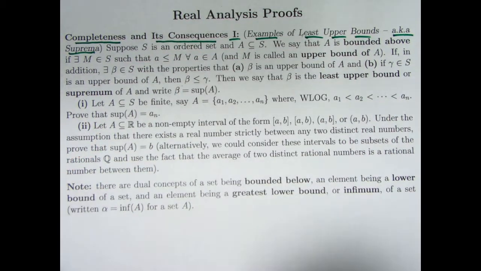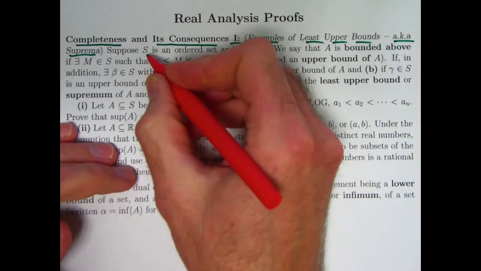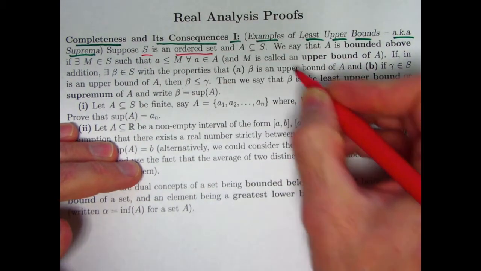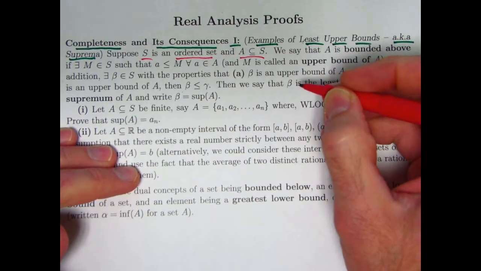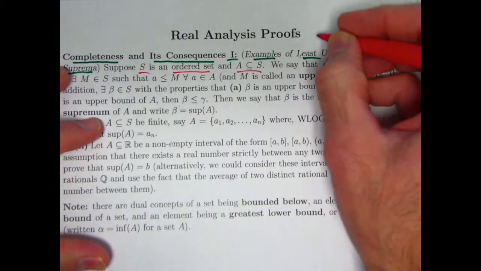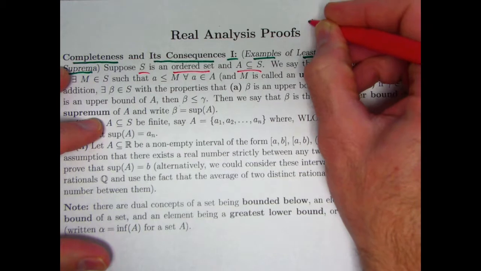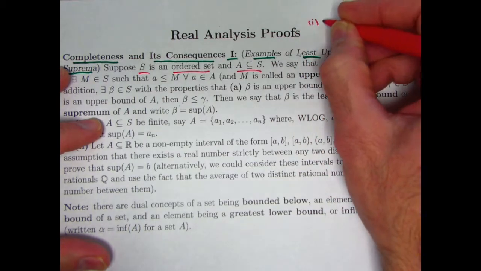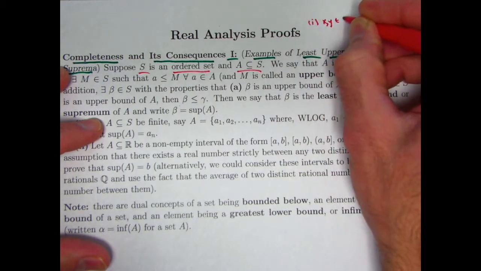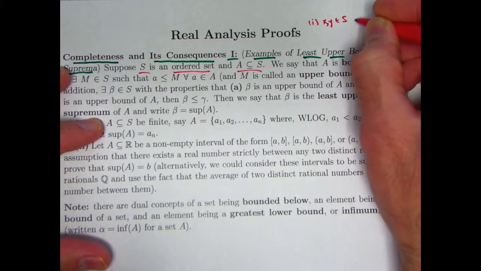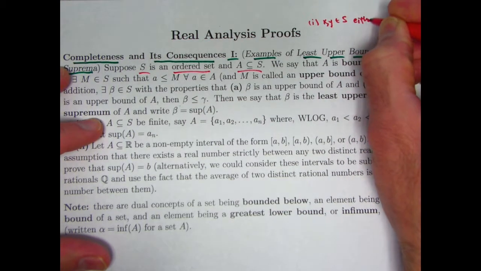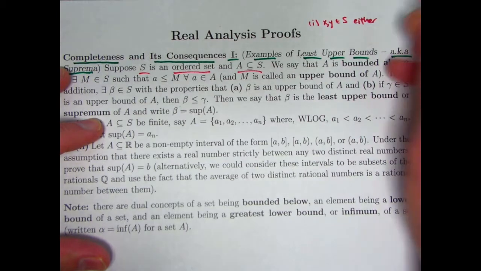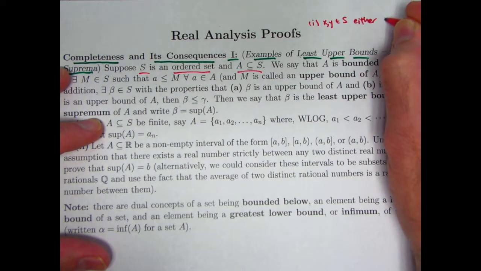So we're going to start in kind of a general setting. We're going to assume that we've got an ordered set, S, and a subset of S. What does it mean for S to be an ordered set? It means two things. Given two elements in S, X and Y, there's an ordering relationship on S that satisfies these properties.